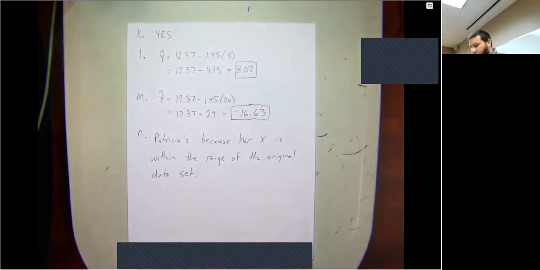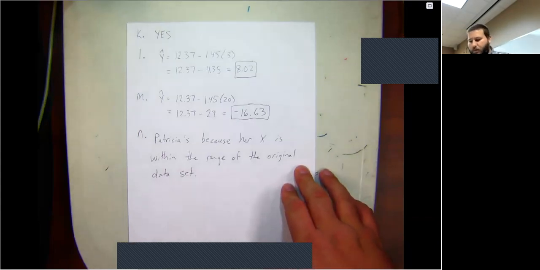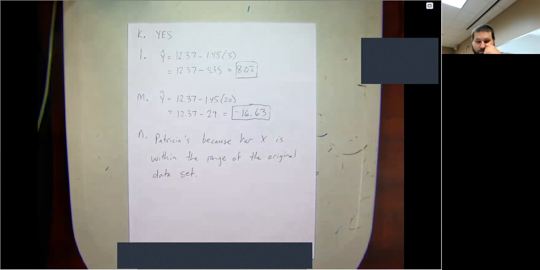So her number of risk factors is within the range of the original data set that we used to create the regression equation. Samuel's is not, and so making a prediction based on that many risk factors, Samuel's kind of an outlier, and so we wouldn't have a lot of confidence in predicting his achievement score, but we would with Patricia's, and that's why.